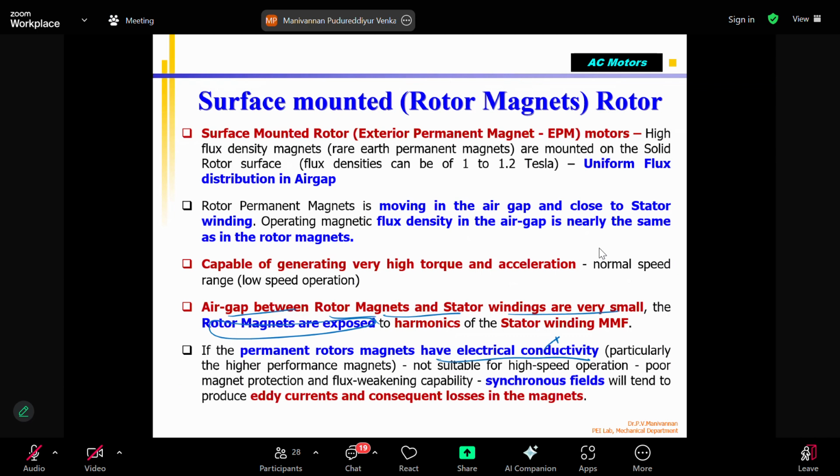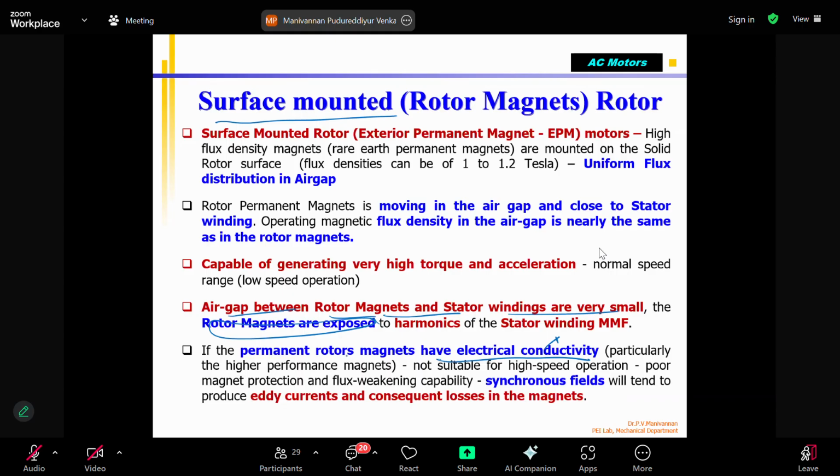If you heat a permanent magnet, it loses its magnetic flux depending on how long you expose it and how high the temperature is. So that is another drawback of the surface mounted rotor. These magnets are exposed to rotating magnetic flux, so voltage is induced inside the magnet.